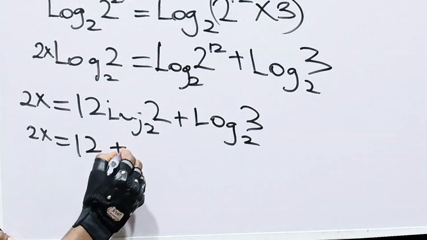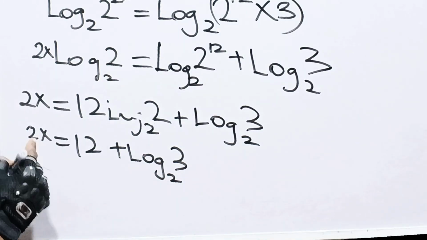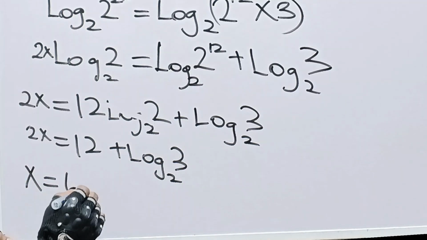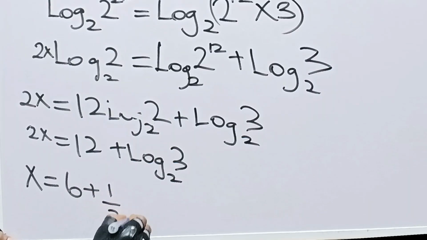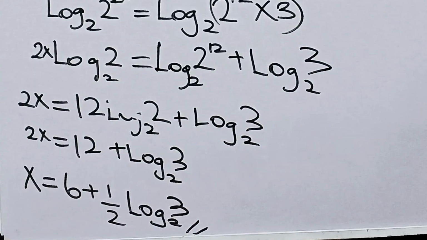So 2x is equal to 12 plus log of 3 to base 2. Dividing each term by 2, we have that x is equal to 6 plus 1 over 2 multiplied by log of 3 to base 2. And this becomes the final answer to this question.